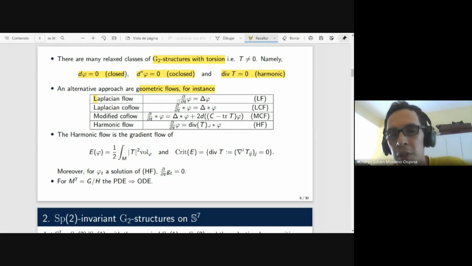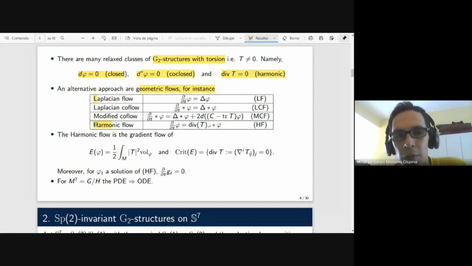All of these geometric flows are PDEs on the space of forms. In some cases there is short time existence, in other cases there is not, and questions such as long time existence and convergence are still open.